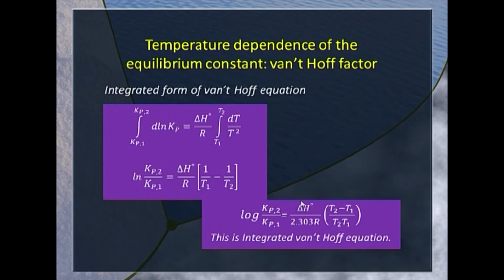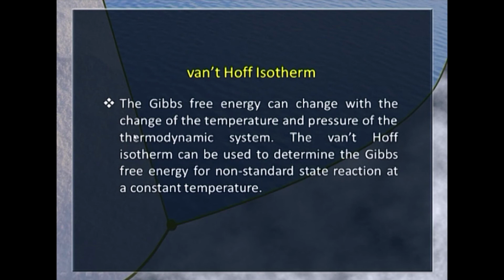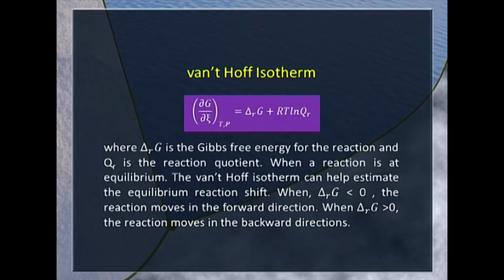What is the van 't Hoff isotherm? The Gibbs free energy can change with the change of temperature and the pressure of the thermodynamic system. The van 't Hoff isotherm can be used to determine the Gibbs free energy for a non-standard state at a constant temperature, and this is the expression which represents the van 't Hoff isotherm. ∂G/∂ξ at constant temperature and pressure is equal to ΔrG, which is the Gibbs free energy of reaction, plus RT ln Qr, where Qr represents the reaction quotient.